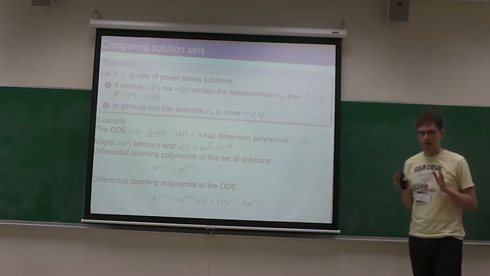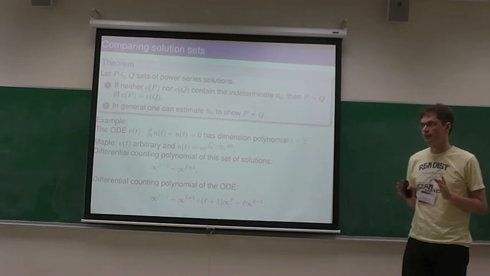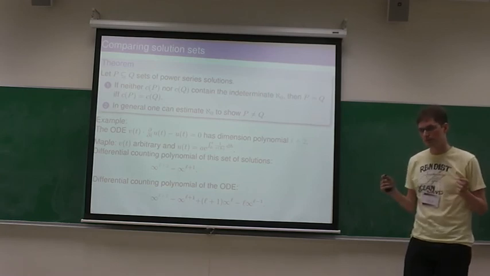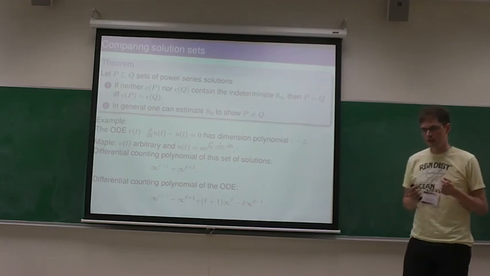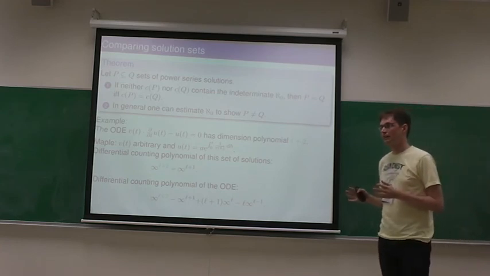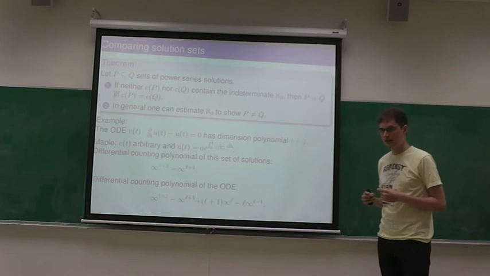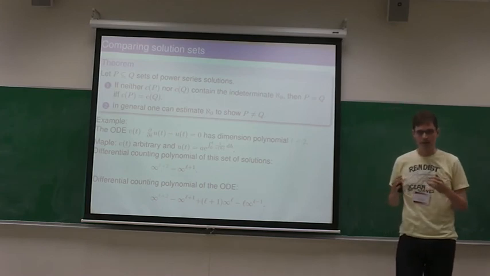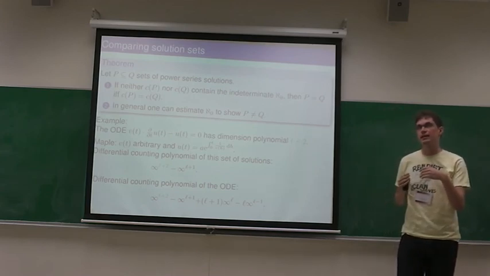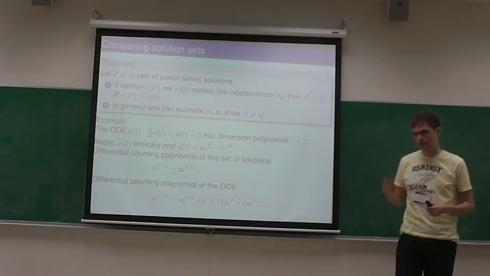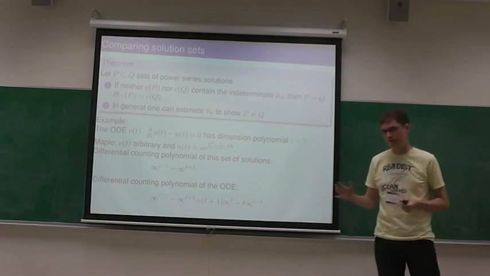If you have n independent variables, the dimension polynomial I think has n plus 1, possibly 3 coefficients, and there are only n Cartan characters. So the dimension polynomial actually generalizes the Cartan characters, because the Cartan characters in a sense contain the same dimension as looking at how many free coefficients there are in any order, and the dimension polynomial looks up to that order. And this gives you 1 additional coefficient.